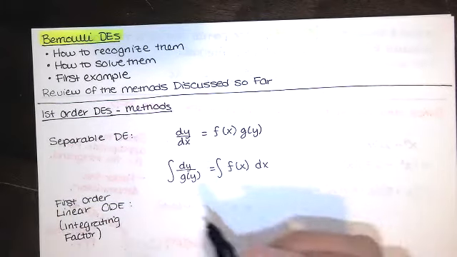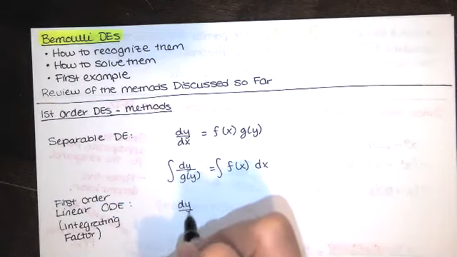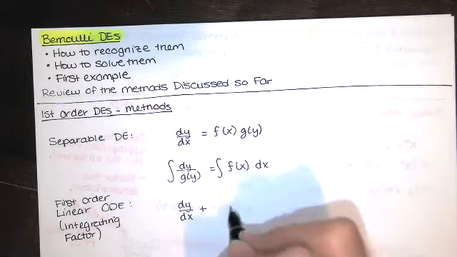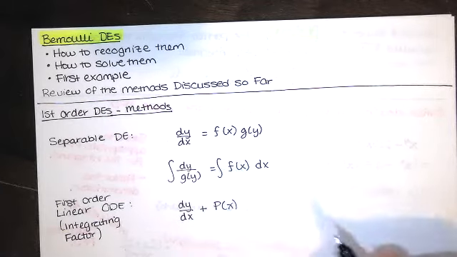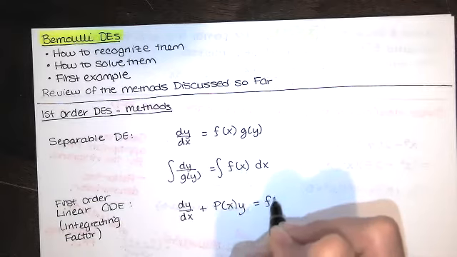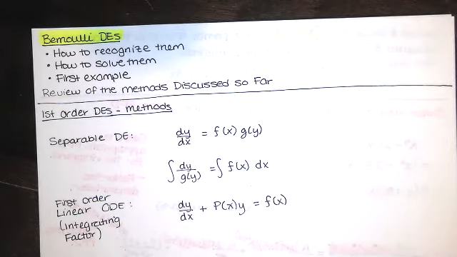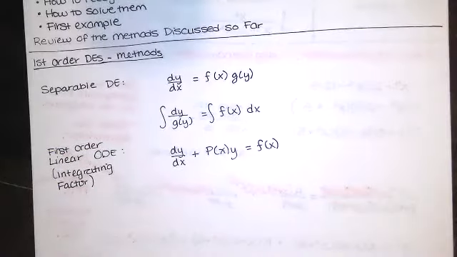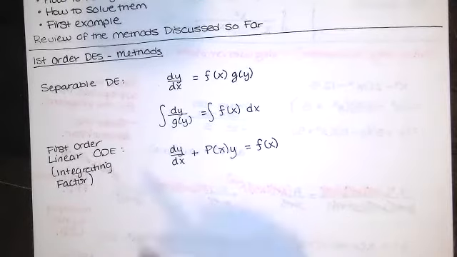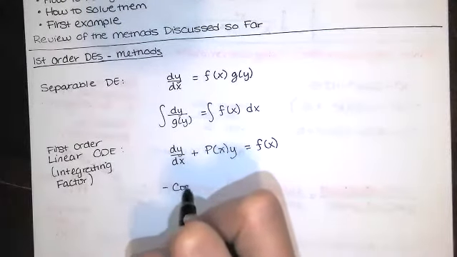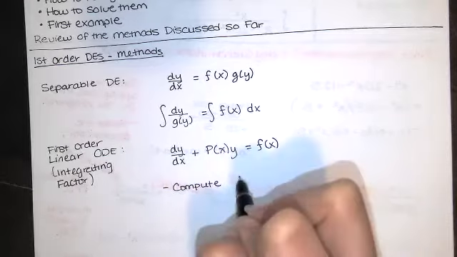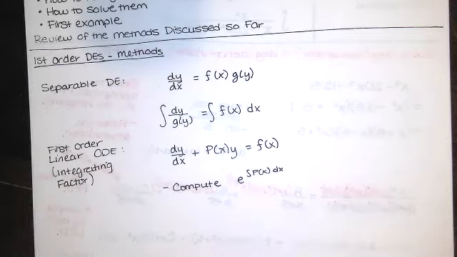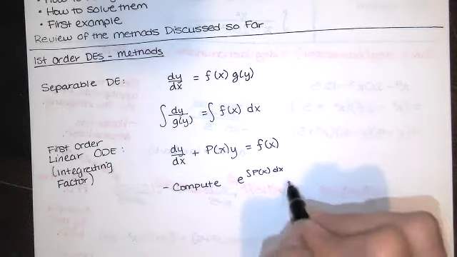In this case, we said that if we had a differential equation of this form, or that can be written in this form, so we've got the derivative plus a function of your independent variable times your dependent variable equals a function of your independent variable, then this can be solved by computing what's called an integrating factor. The integrating factor is e to the integral of p of x power, and whenever we evaluate that antiderivative, we choose c to be 0.